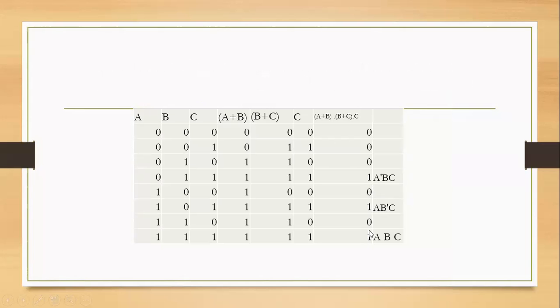There are 3 ones you can see: A bar B C, A B bar C, and A B C.